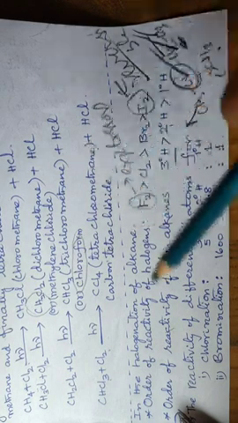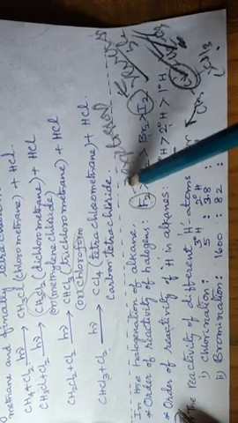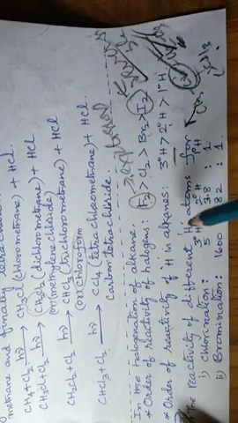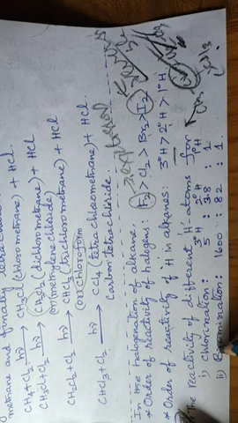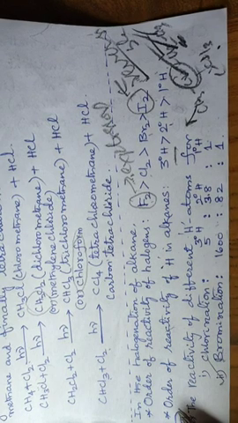With iodine the reaction is reversible, with F2 the reaction is explosive, so explosive and reversible reactions we are not allowing. The moderate ones are Cl2 and Br2. Introducing bromine is very selective, so bromination is selective. We will discuss that later with some examples for the competitive point of view.